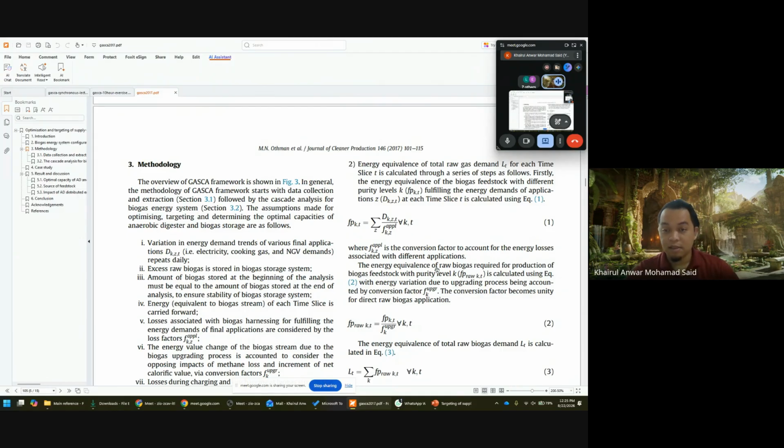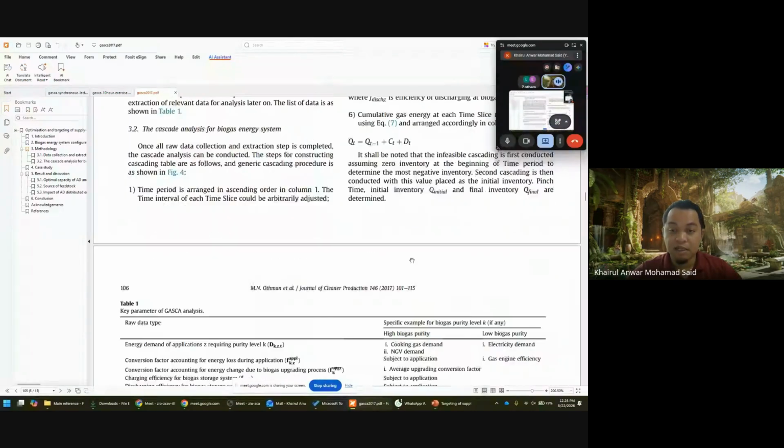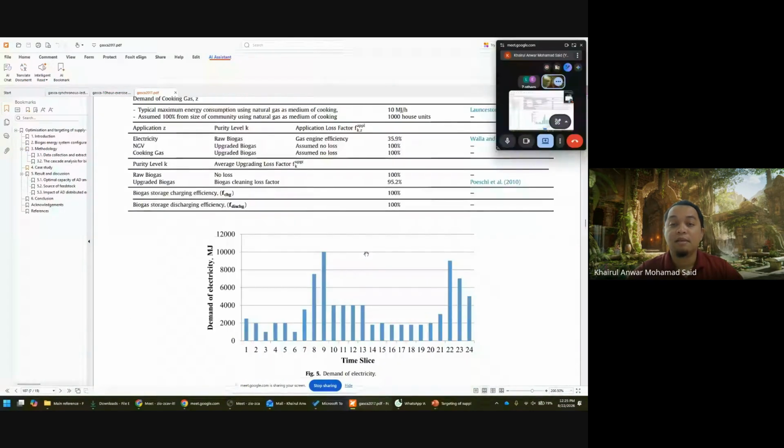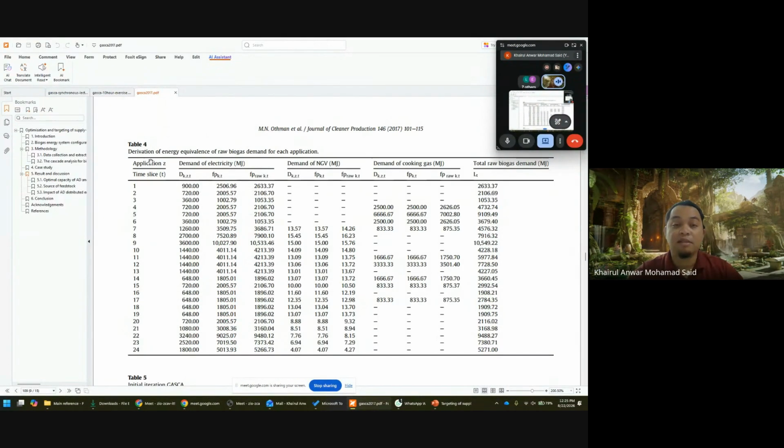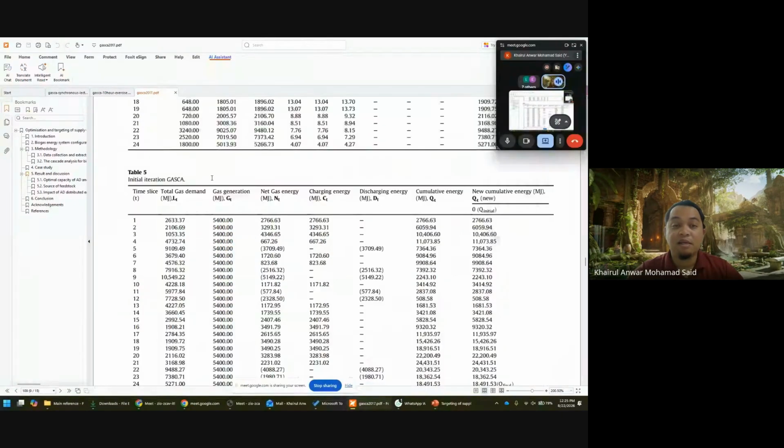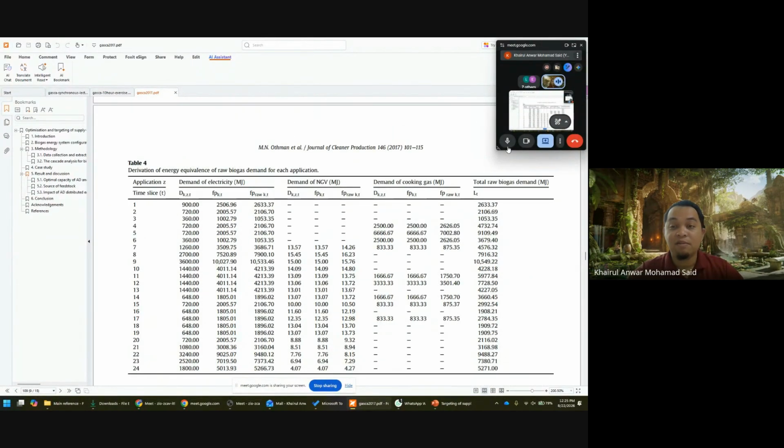Next, the table is like this. From the raw data, we do the calculation using equation one until equation three.